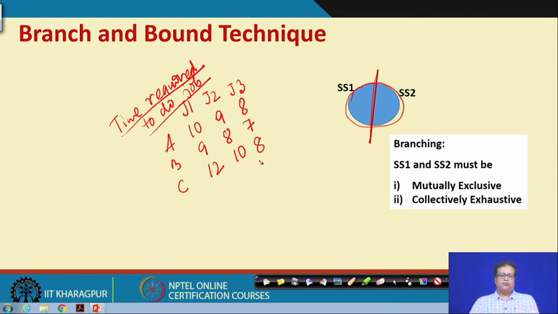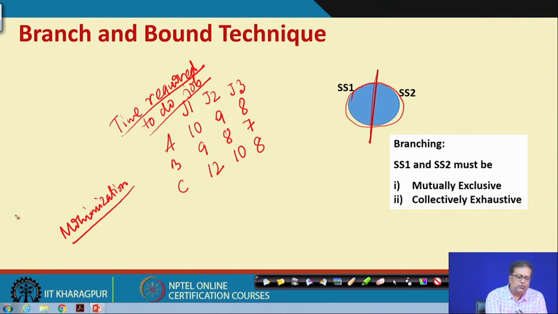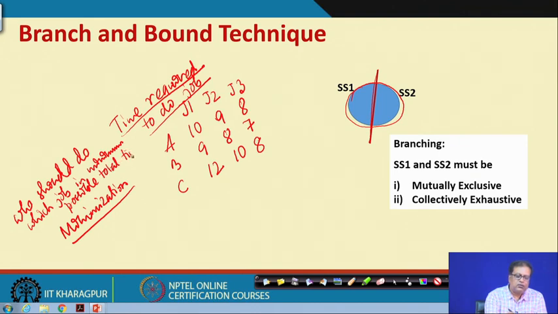How do I find the bound? See, this is a minimization problem, because we need to find out who should do what in the minimum possible total time.